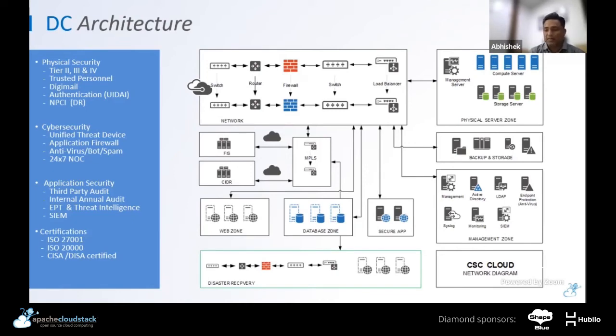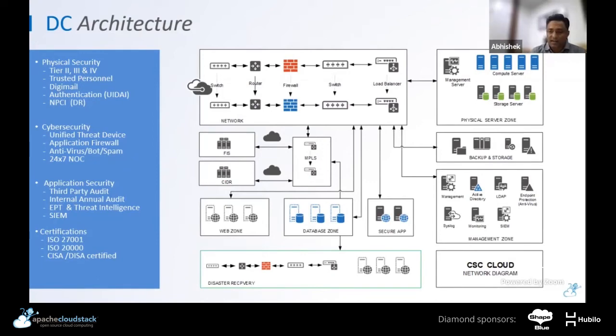And then we have backup and storage. We have multiple backup devices here, comprising disk to disk, D2D, storage devices, as well as disk to tape, which are those robotic arms and the tape storage.